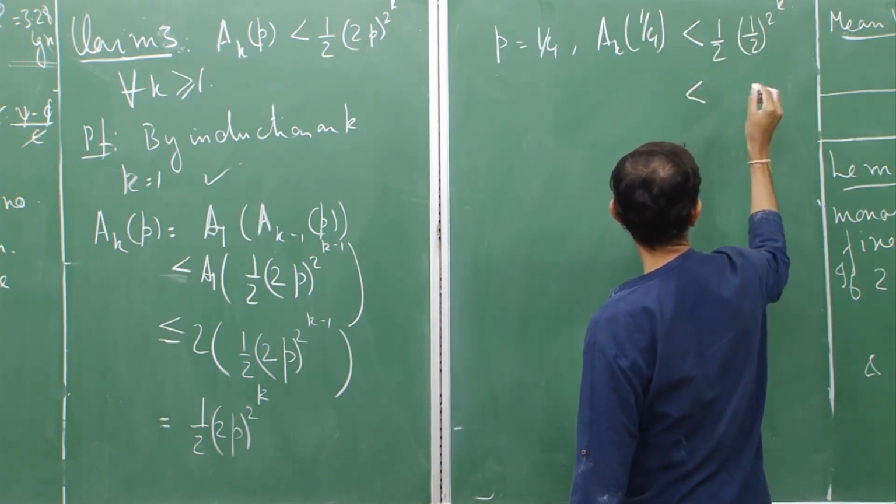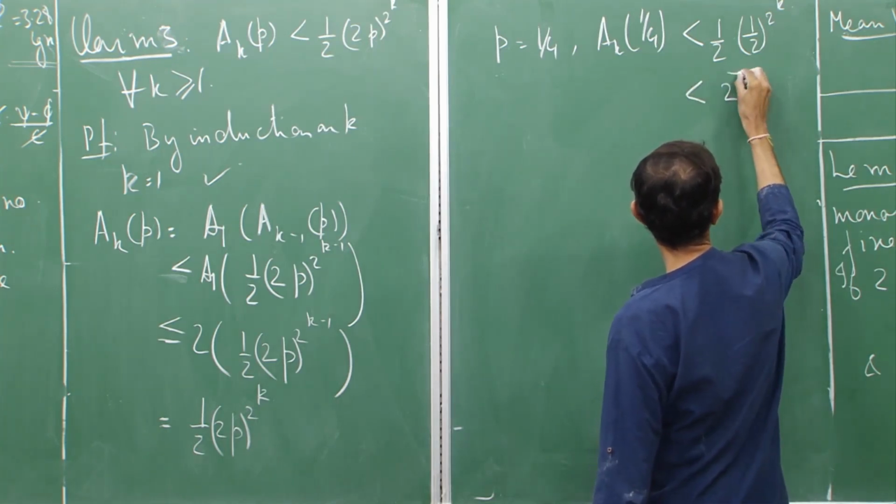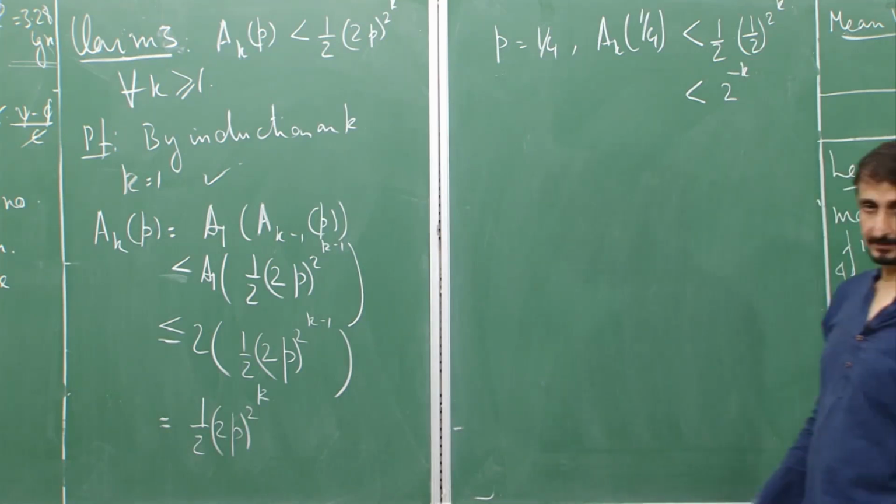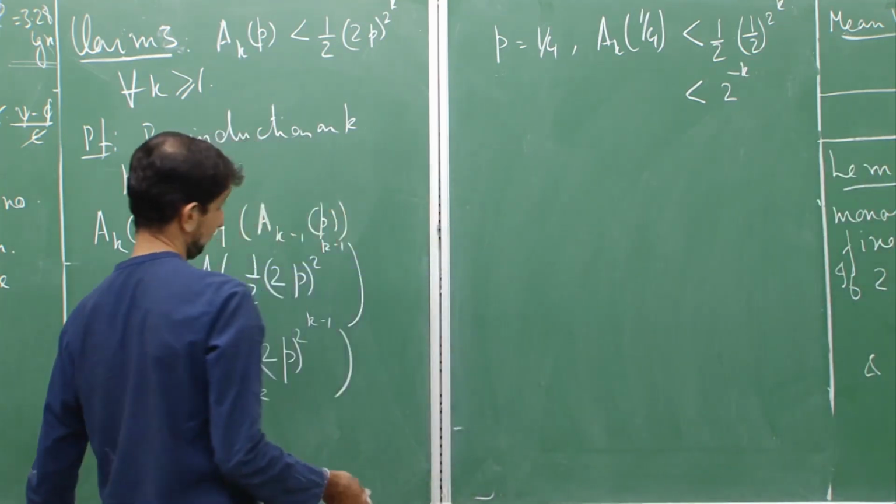So, this is at most 2 to the power minus k.